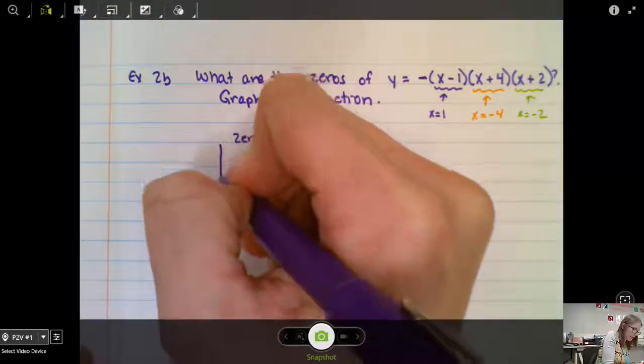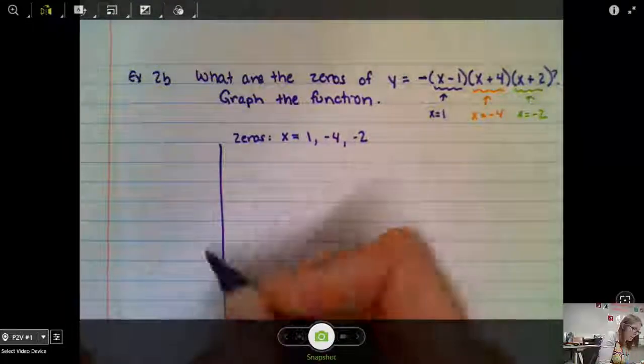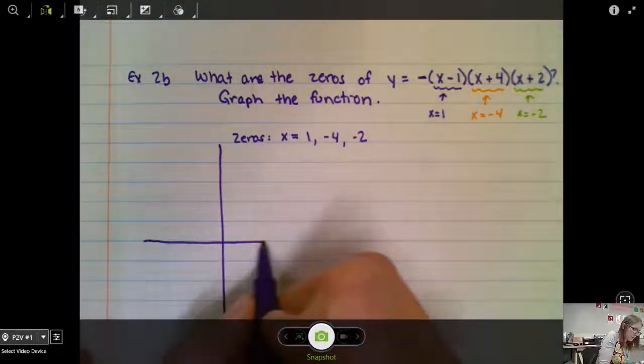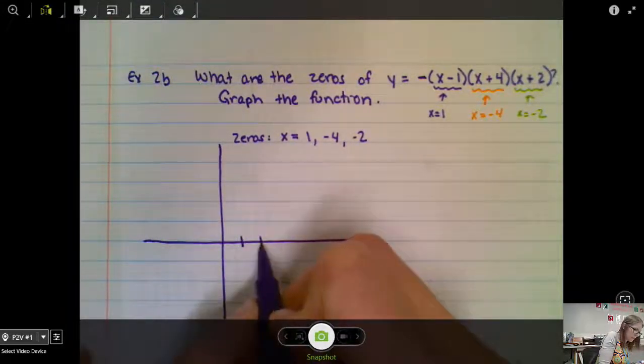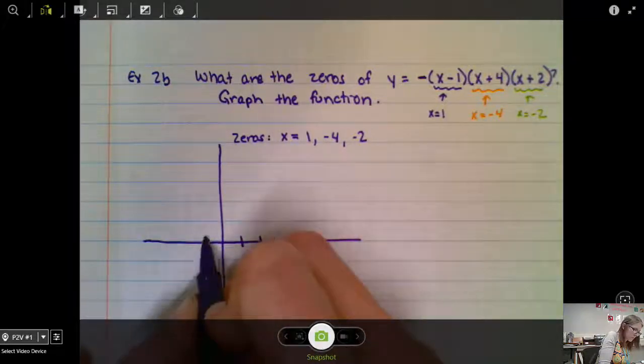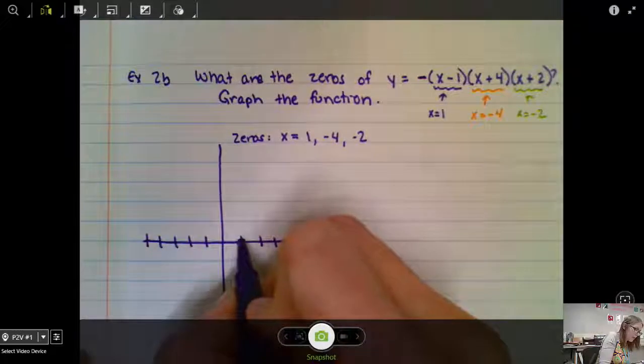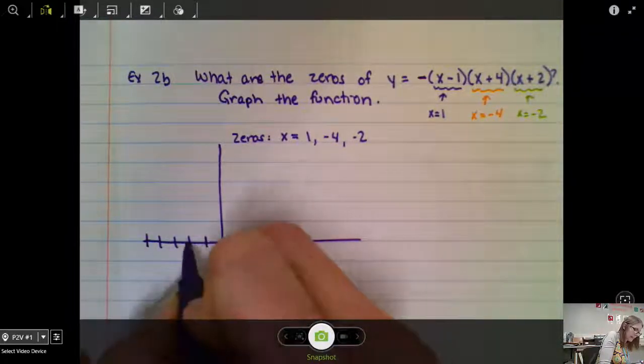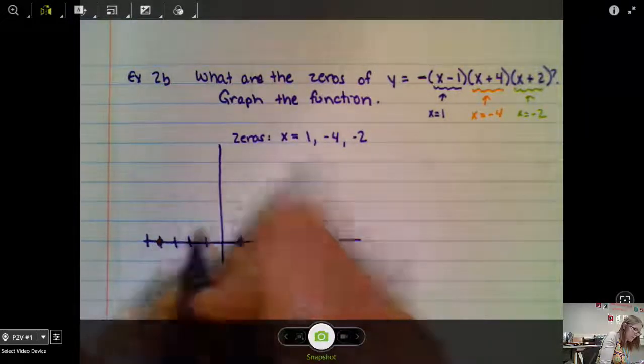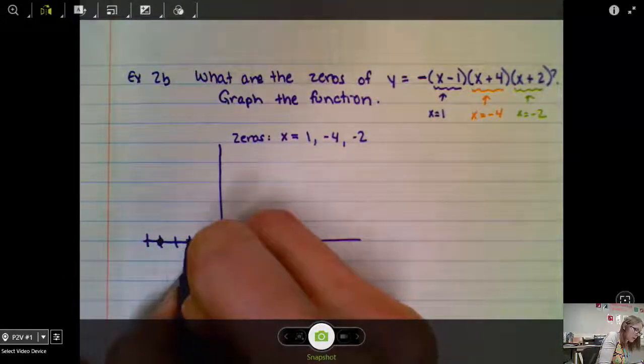So start off by graphing our zeros. X-intercept at 1, x-intercept at negative 4, and x-intercept at negative 2.